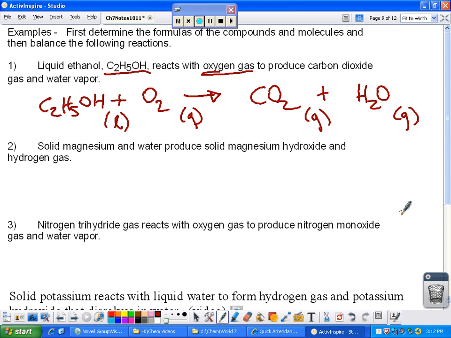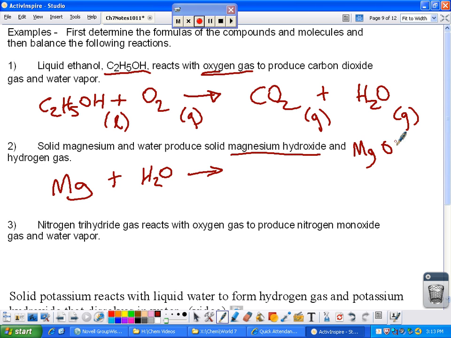Number 2, what is the symbol for magnesium? Mg. And it's reacting with water. Water is H2O. To produce, there's our arrow. And then here we need to use our naming rules. Magnesium is reacted with hydroxide. What's the charge for magnesium? +2.